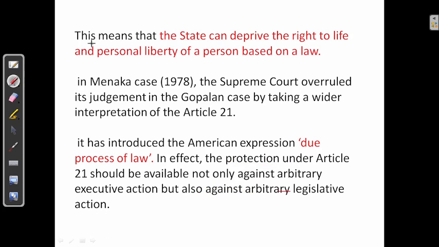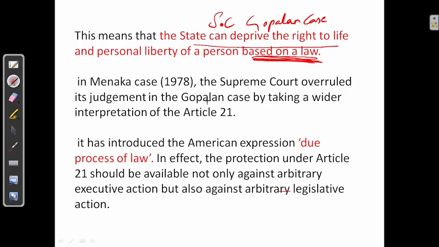What does it mean? This means that the state can deprive a person of the right to life and personal liberty based on a law.